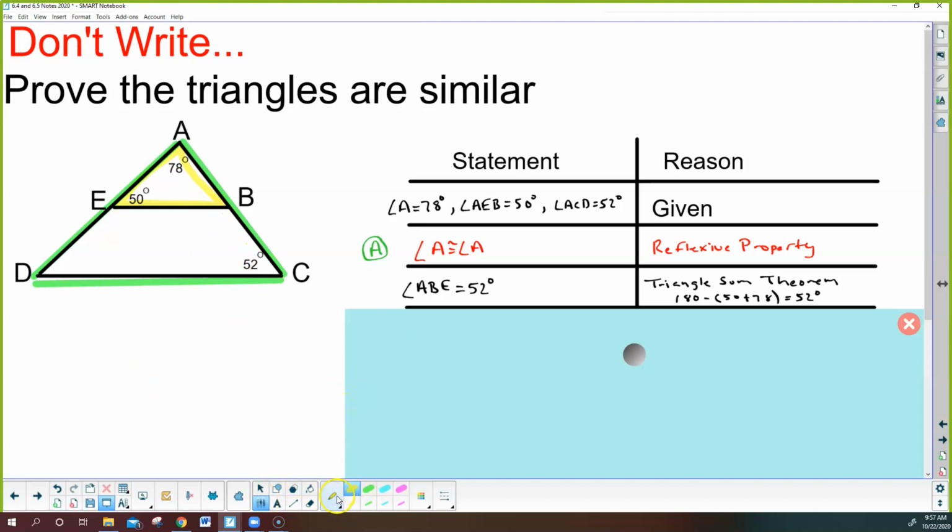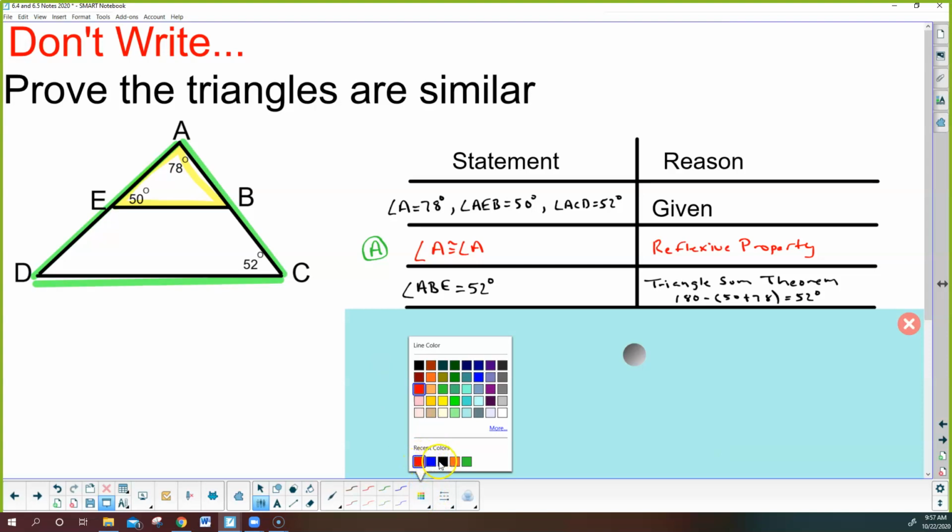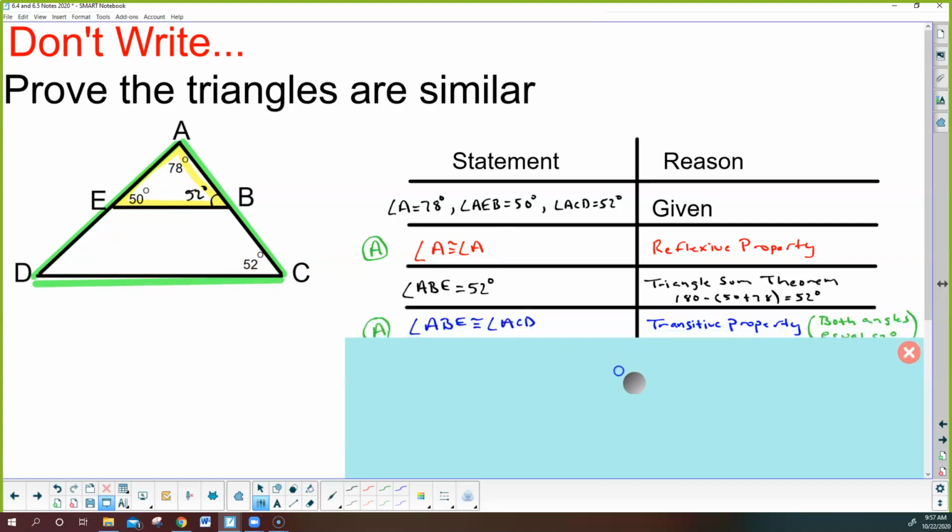Now, I'll explain my reasoning here on this next step, but why did I know that angle ABE, why did I know that this angle was 52 degrees? It's not because these are parallel lines. We don't know that yet. We could prove it, but we don't. It's the triangle sum theorem. If I add up these 2 pieces and subtract from 180, I'll get 52 degrees. So that's a triangle sum theorem.